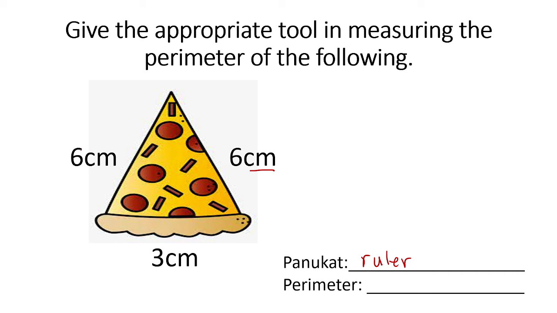Ang perimeter natin, i-add lang natin 6 plus 6 plus 3. So 12 plus 3 is 15. Wag natin kalimutan ang unit, 15 centimeters.